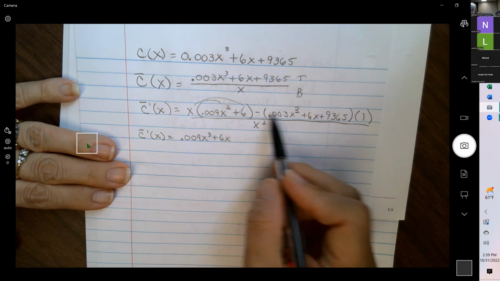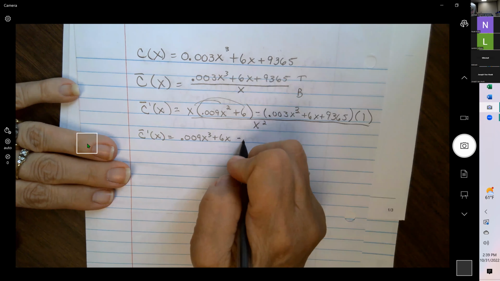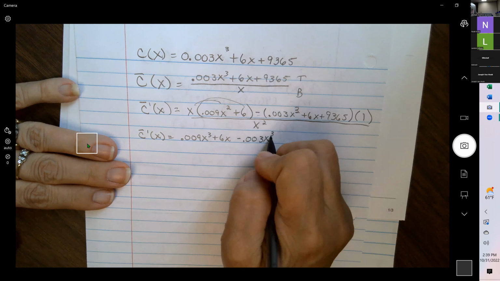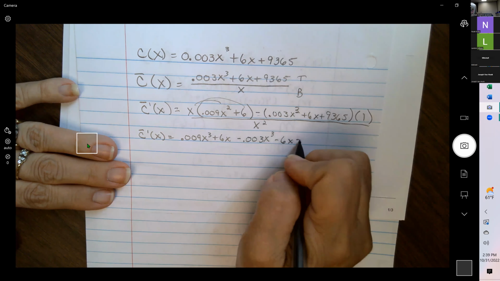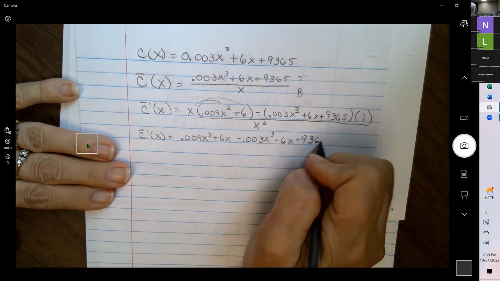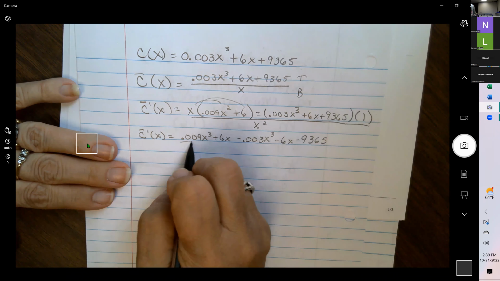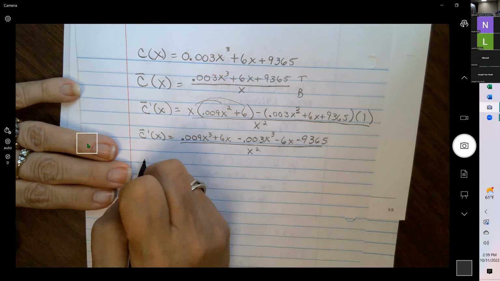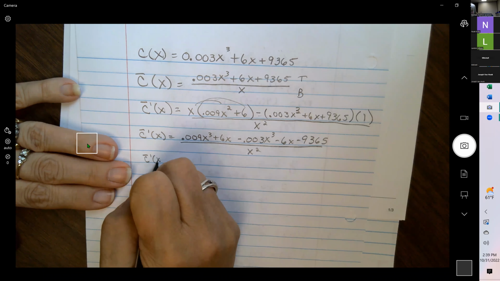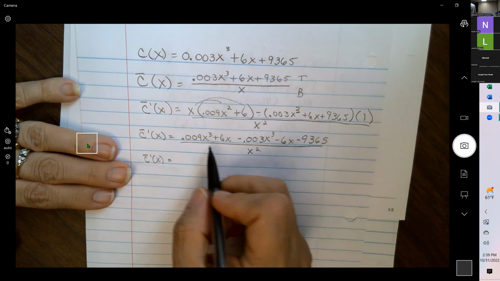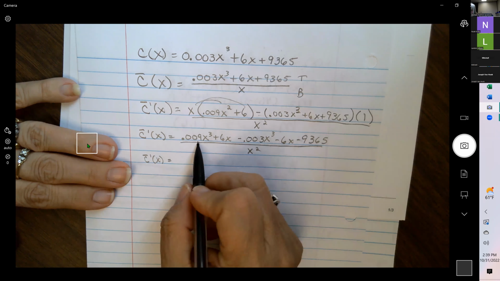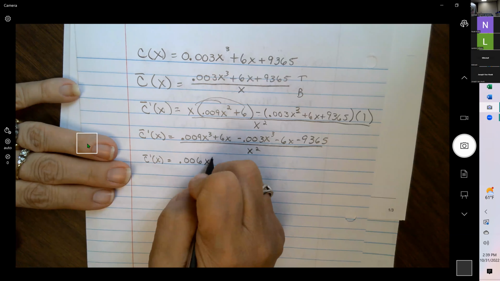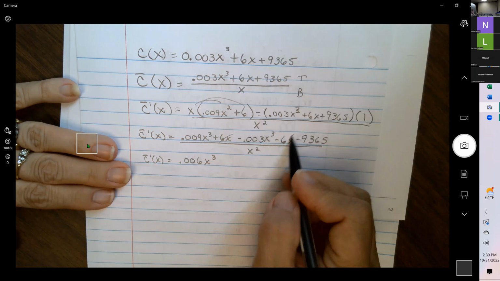Here we're distributing a -1, so negative 0.003 x cubed minus 6x minus 9,365 all over the bottom squared. Combining like terms, the cubes, 9 minus 3, 0.006 x cubed. The 6x's cancel.